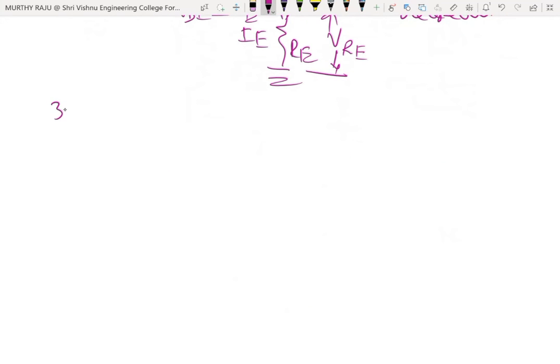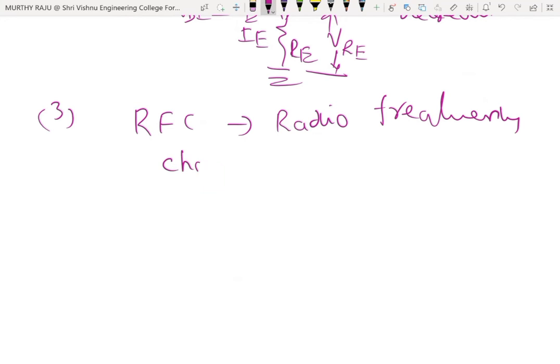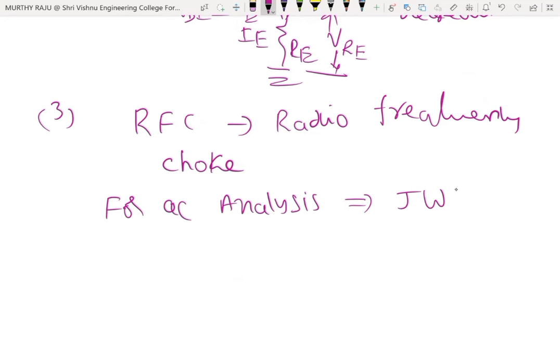Third point, RFC, radio frequency choke. For AC analysis, a radio frequency choke has reactance j omega L, some inductance, j 2 pi f L. Hartley oscillator is a very high frequency oscillator.